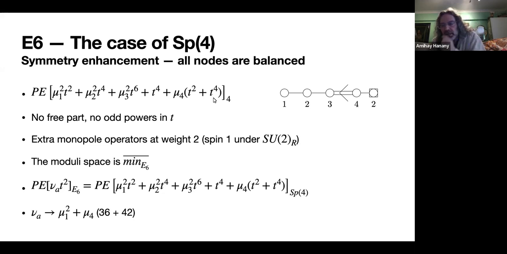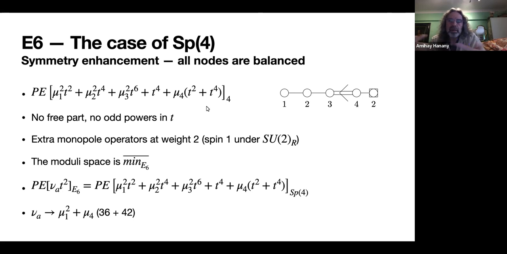And this is actually an important point because another feature that I have is that all of those representations that we find over here are real. The symmetry group here is SP4. And SP4 has a collection of representations. Some of them are real, some of them are pseudo-real. But in this moduli space, all representations are real, no pseudo-real representations, and no odd powers of t.